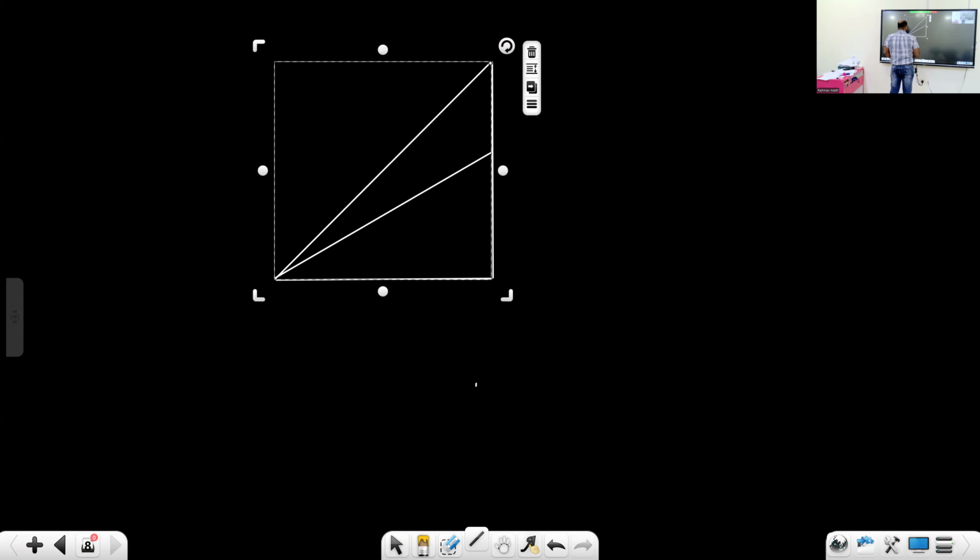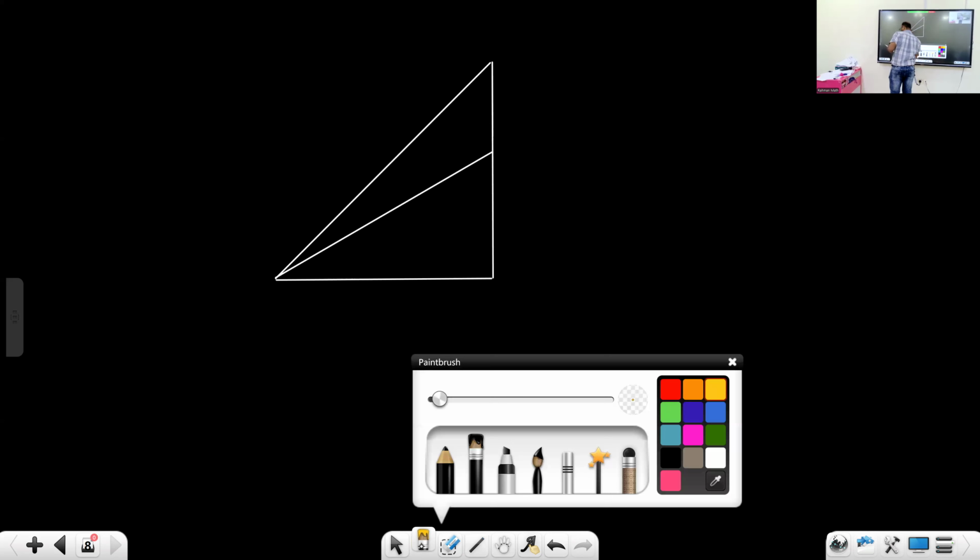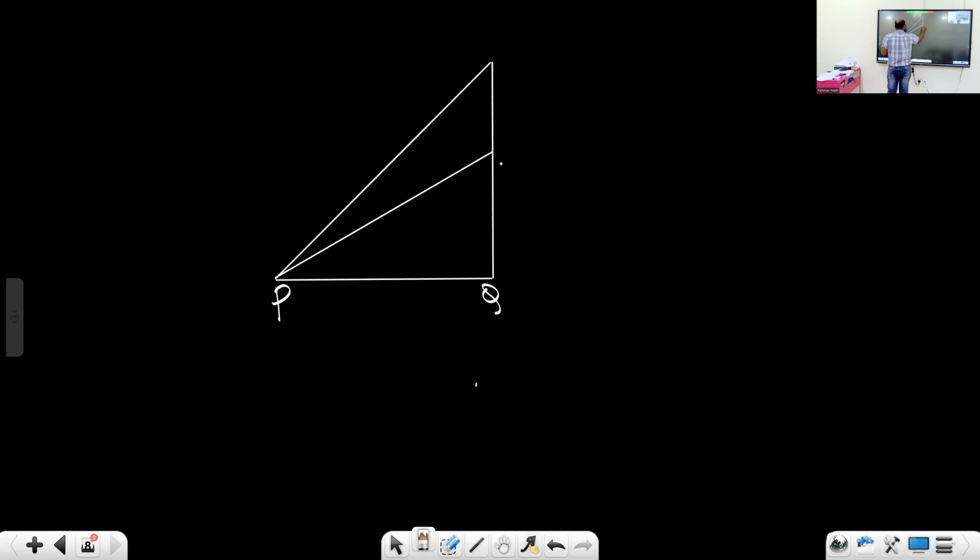This is the diagram. P, Q, R, S. There is a school logo. Read the question. A building on which a society logo is painted on the wall.